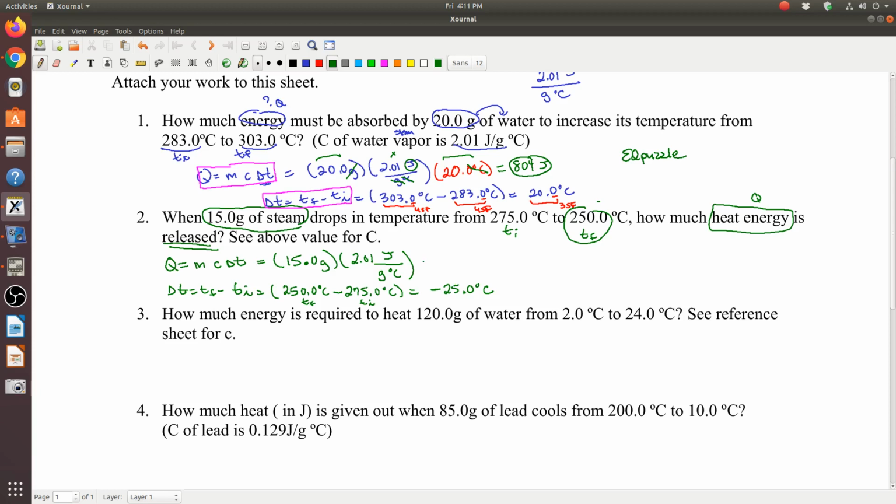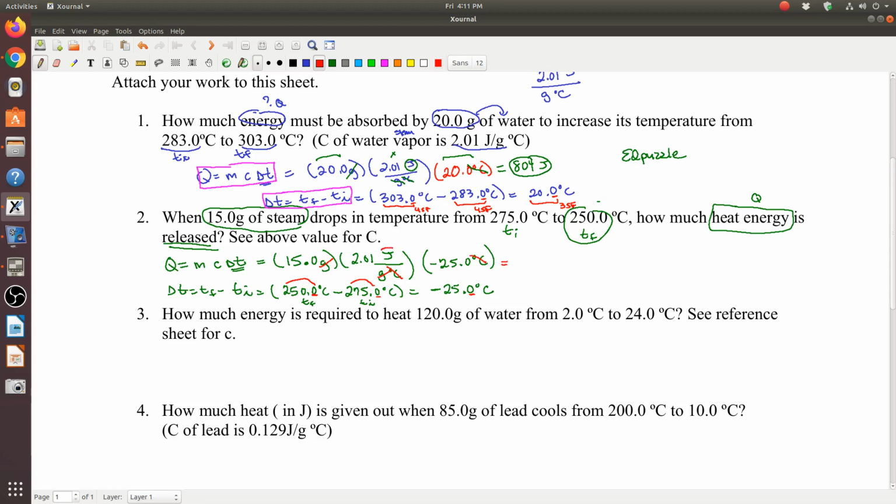Now we're going to substitute this into the spot where the delta T is, negative 25.0 degrees Celsius. Again, this one has 4 sig figs, but we have to go to the tenths place because that is the place value, and that is what you do when you're doing subtraction and addition. Now we're going to cancel out units, grams and grams, degrees Celsius and degrees Celsius.